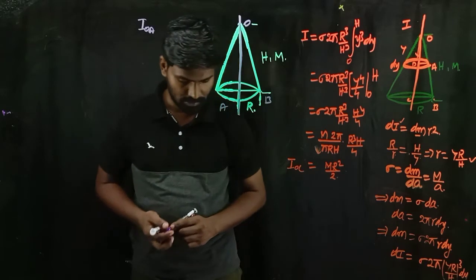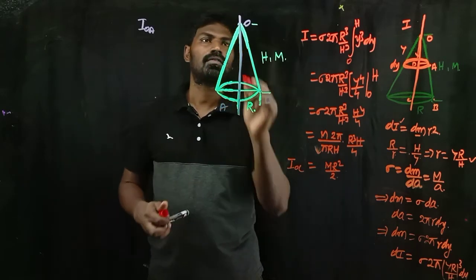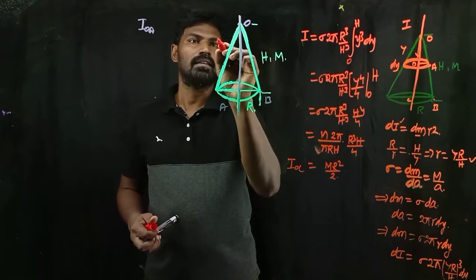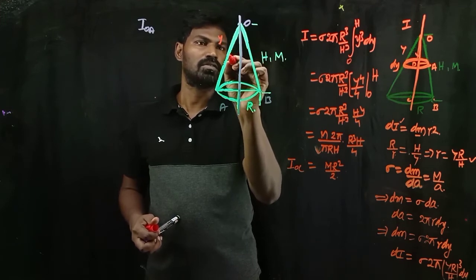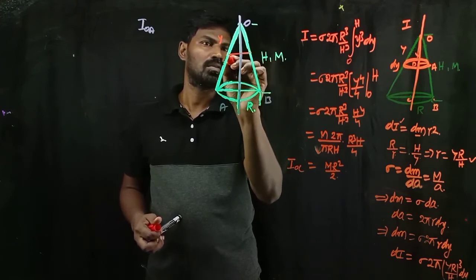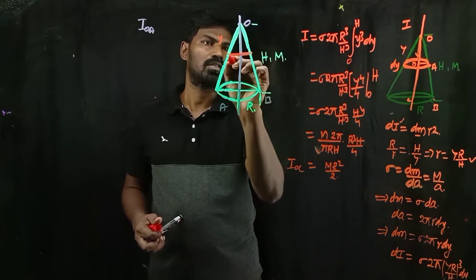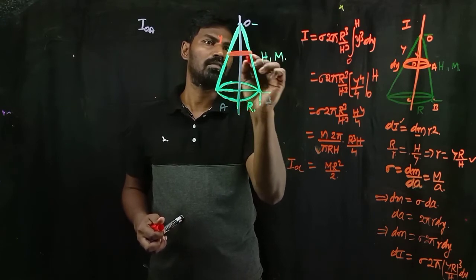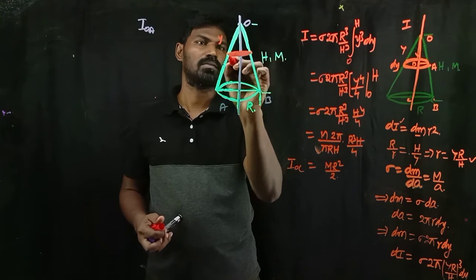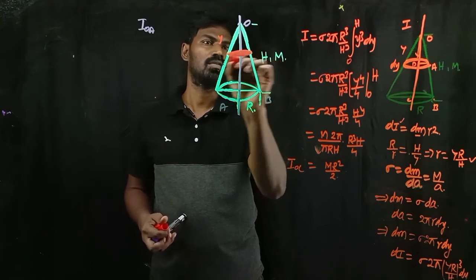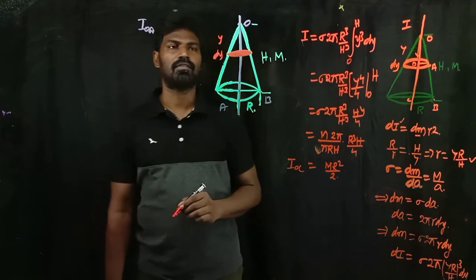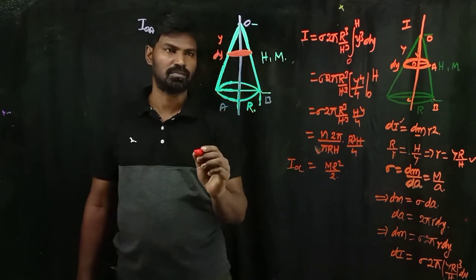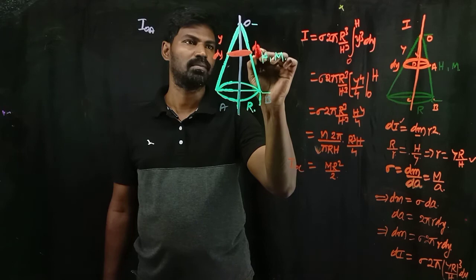For this purpose, I will consider from this point O, at a distance y, a small strip. The strip will be in which form? It will be in circular form because it is a cone. And this thickness I am treating as dy. First I will find out the moment of inertia of this small strip. Let me assume its mass is dm.